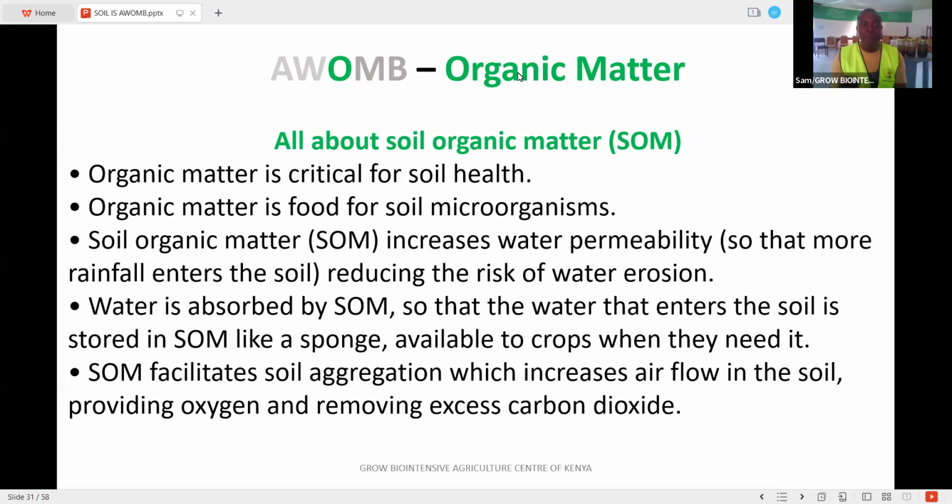So you have to improve this farmyard manure by adding in carbonaceous materials, so that it improves and becomes almost equivalent to compost. And here we are talking about the carbon-nitrogen ratio, the C:N ratio.